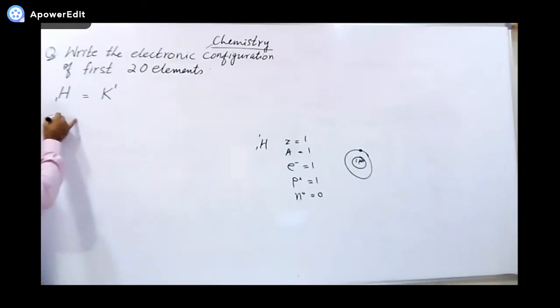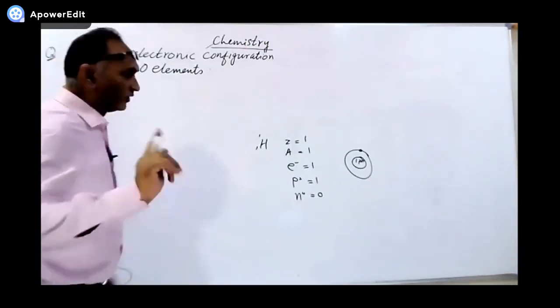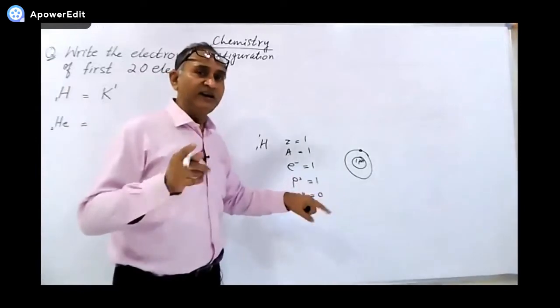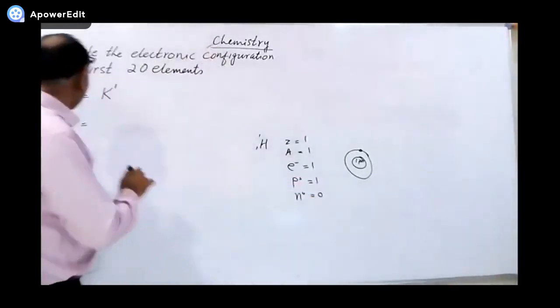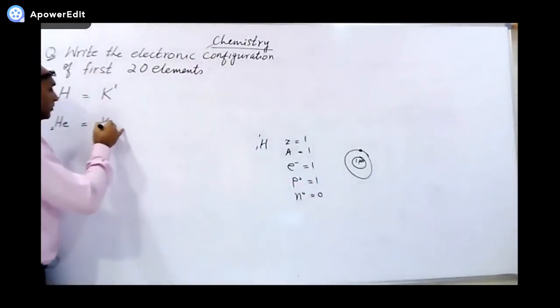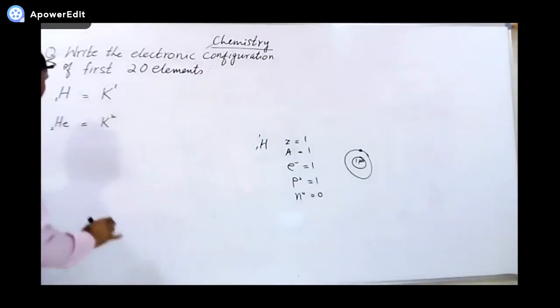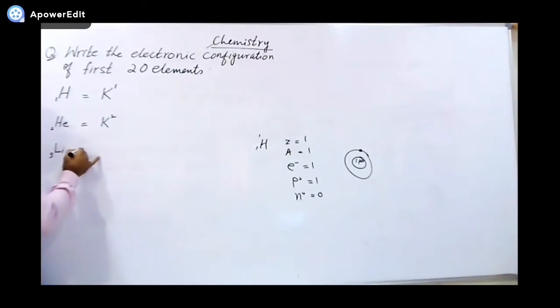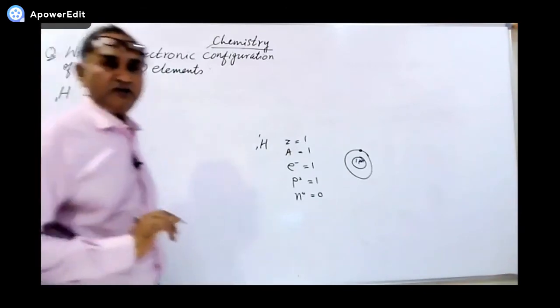Okay, the next one is helium. Helium has 2 electrons. So which is the first shell? K shell. Its capacity is 2. So I'll write over here K2. Now, the next is lithium. Lithium has 3 electrons.